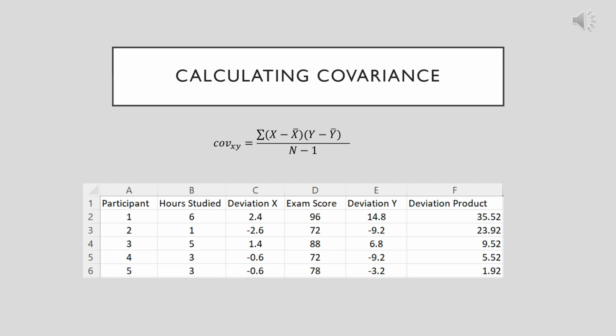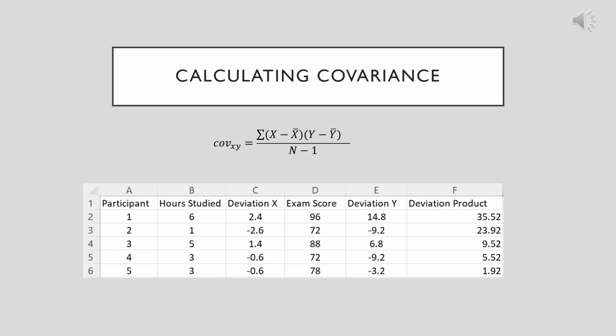So you take each of those raw hours studied for each individual, subtract the mean from it, and you get the deviation of X column. Do the same thing for exam score. You take every individual's raw score on their exam, subtract the average exam score from each of those, and you end up with a column for the deviation of Y.